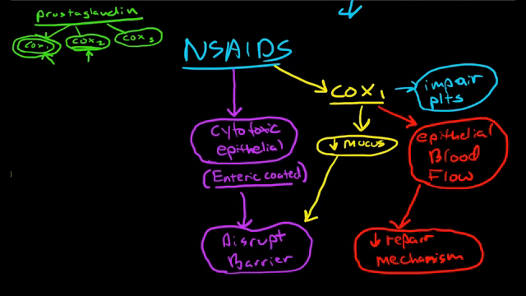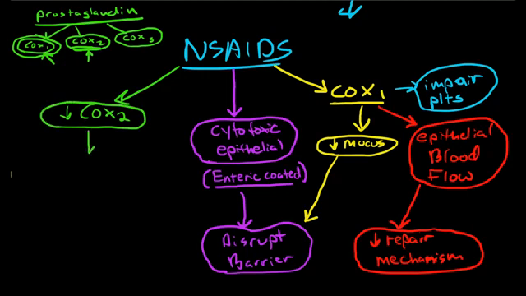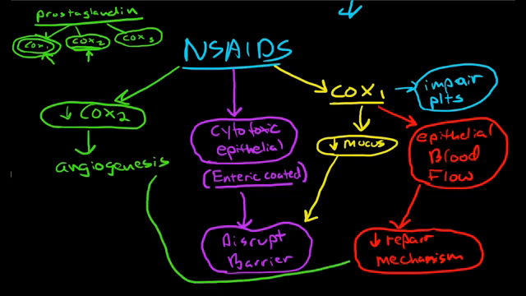And then we have some COX-2 effects. If we inhibit COX-2, then we have significantly reduced angiogenesis, which again reduces the repair mechanism.